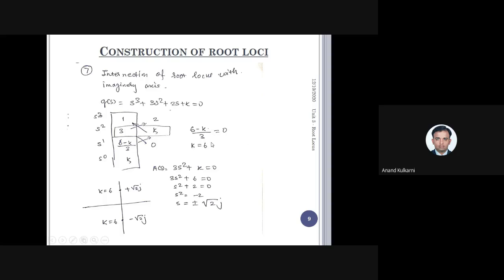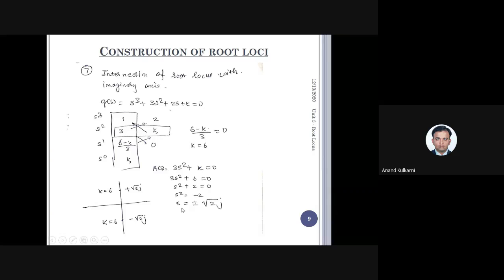I will put the value of k as 6. That is 3s square plus 6 equal to 0. I can take 3 common and divide the equation by 3, so it becomes s square plus 2 equal to 0. That means s square is equal to minus 2.